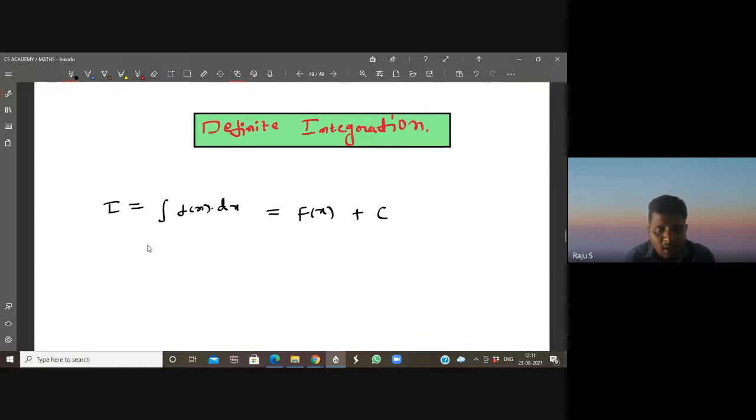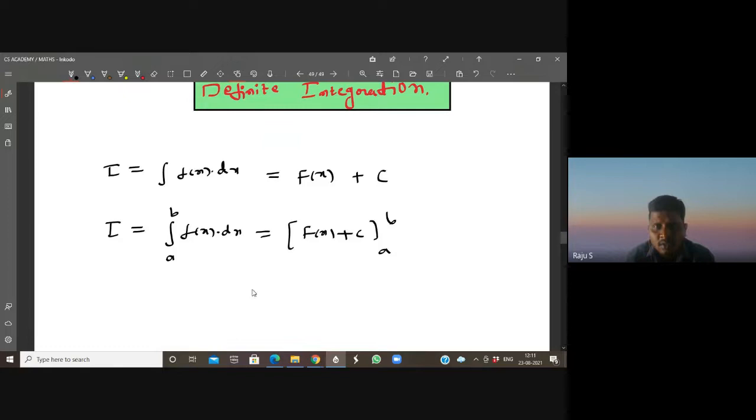But now in definite integration, we are going to find the integral f of x dx value between the limits a to b. This can be written as F of b minus F of a. Look here. We are getting the output F of x plus c from a to b. Now what is the procedure here?